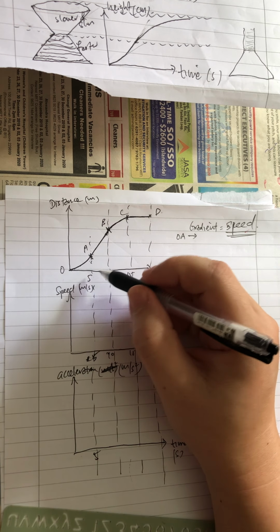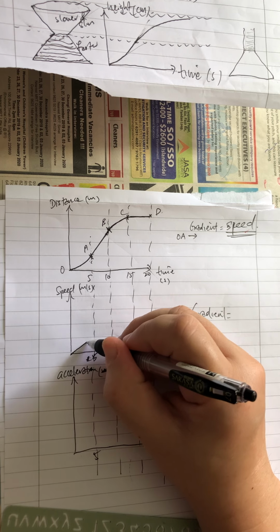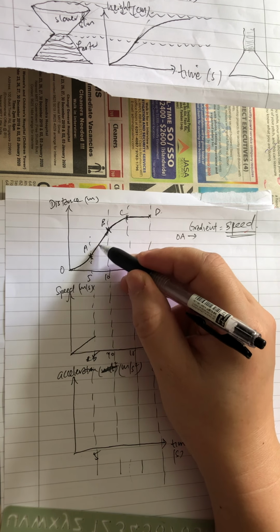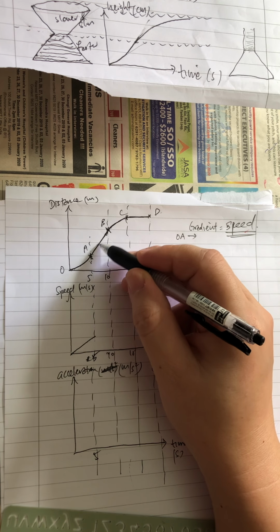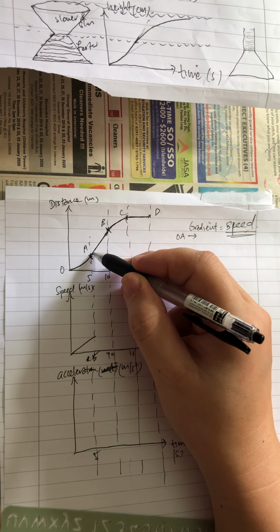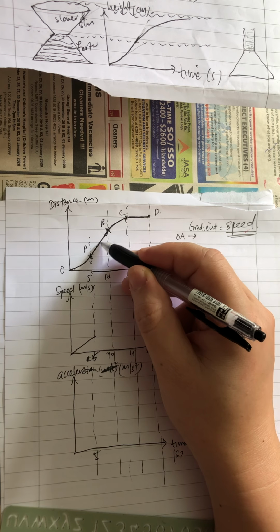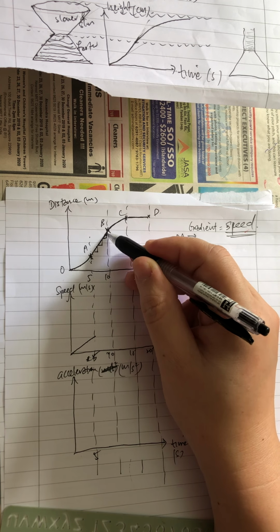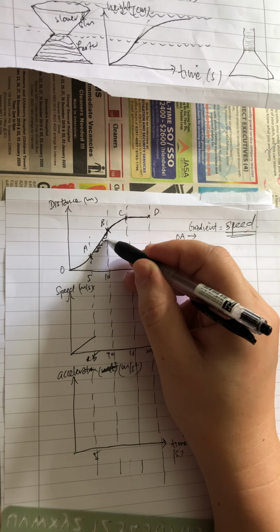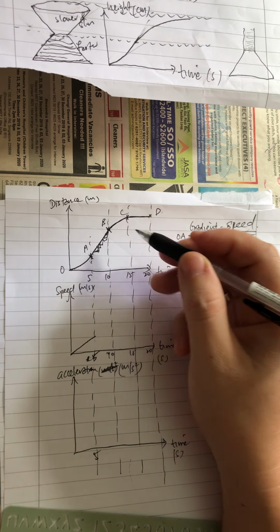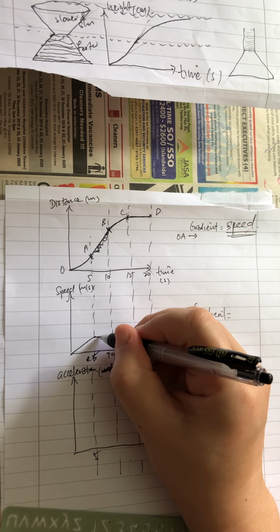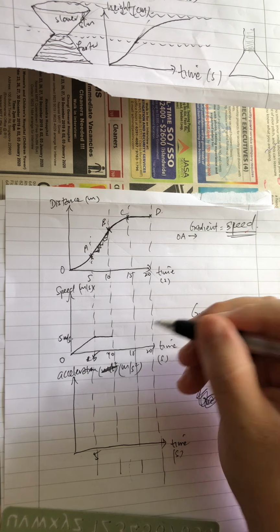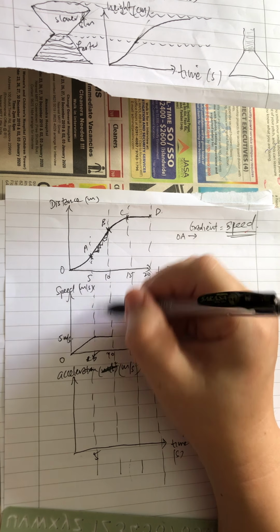For the first 5 seconds, what is going on here? It's a straight line. If I find the gradient here, here, anywhere on this straight line, the gradient is the same. So it's constant speed. Let's say it is 5 meters per second. So it becomes a straight line.